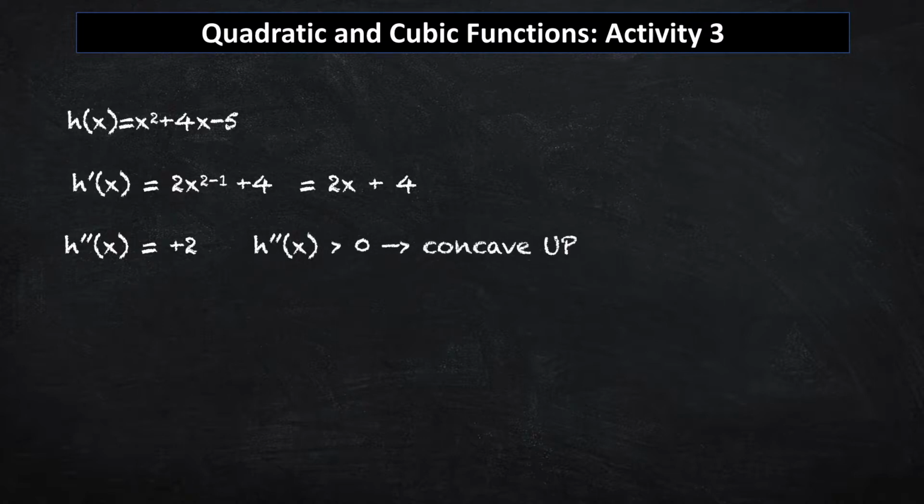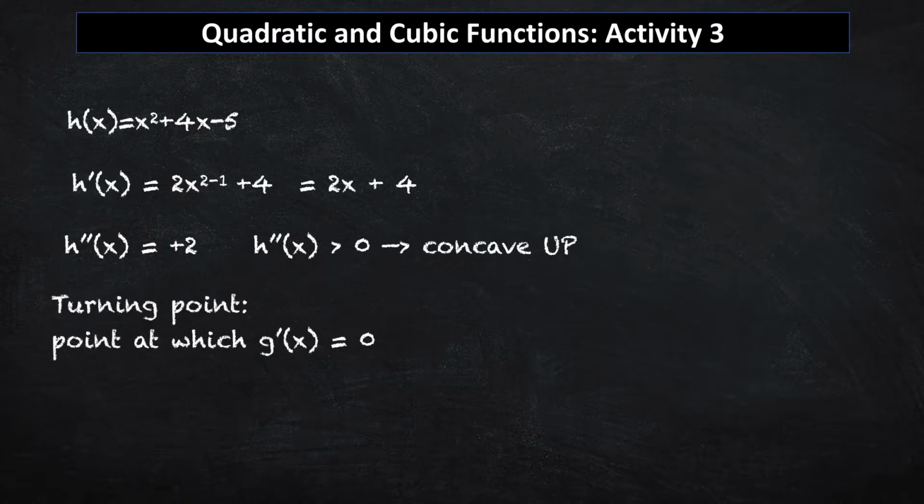To compute the turning point, I need to take the first derivative and put it equal to 0. The first derivative is 2x plus 4 equal to 0. The solution to this first order equation is 2x equals minus 4, which means x equal to minus 2.